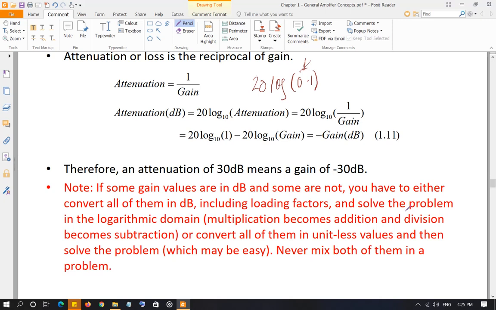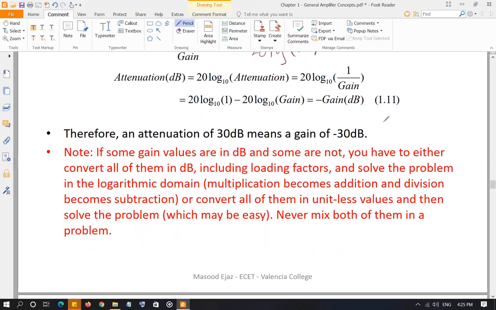You can also convert everything to decibel, including the loading factors, and then perform the calculation in the decibel scale, where all multiplication becomes addition and division becomes subtraction. Generally, I feel it is easier to convert gain from decibel to unitless quantity and then proceed from there to solve any problem. And remember, how do you convert decibel into unitless quantity?